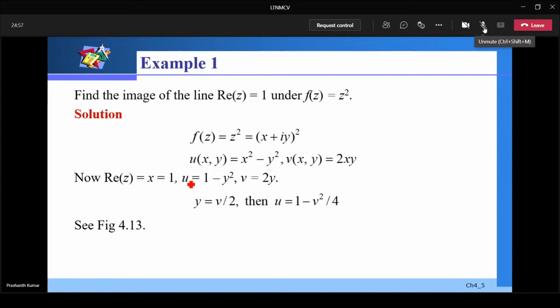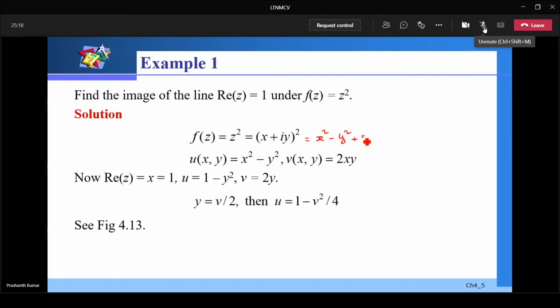సో దిస్ ఈజ్ ఈక్వల్ టు, the solution is f of z is equal to z square. అంటే ఏమవుతుంది? x plus iy whole square. అంటే ఏమవుతుందండి? x square, iy whole square కదా, అంటే మైనస్ y square అవుతుంది. i square is -1 and y square. x plus 2ab అంటే 2xiy.